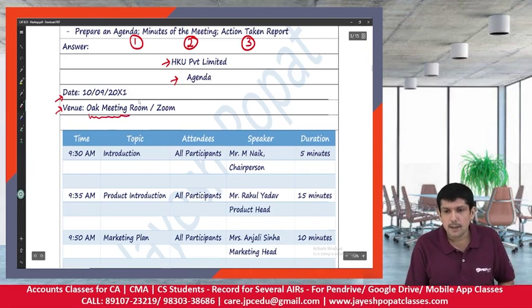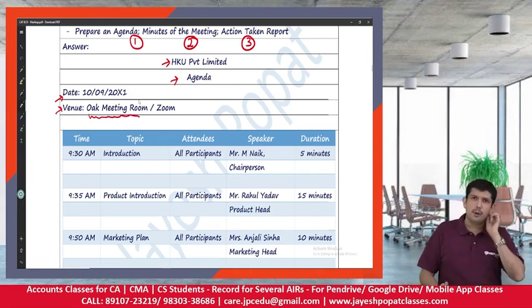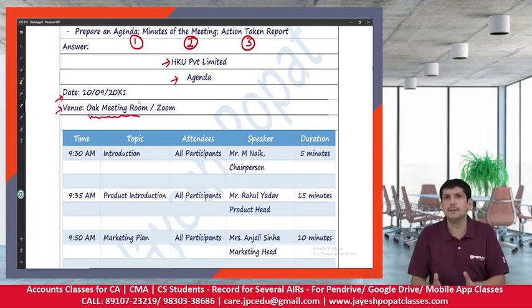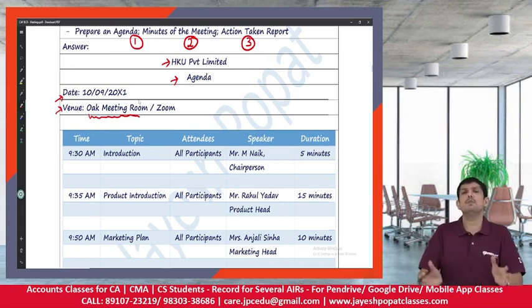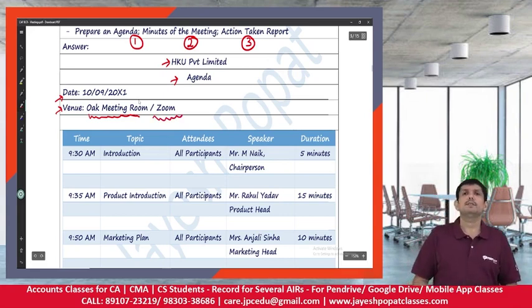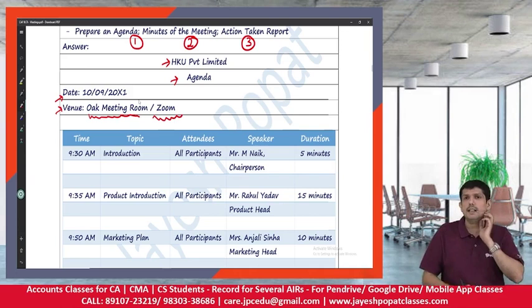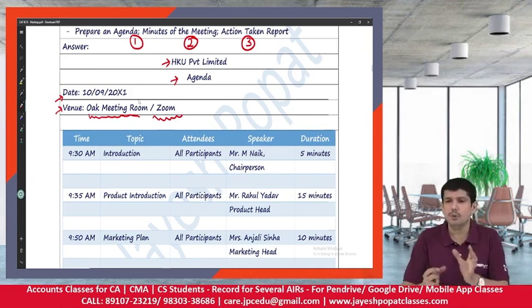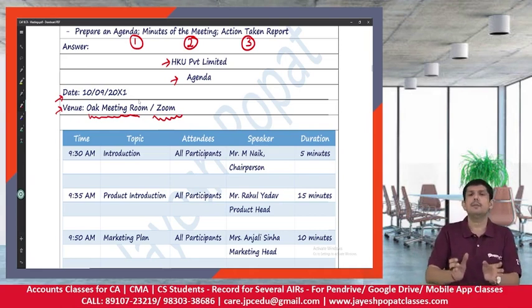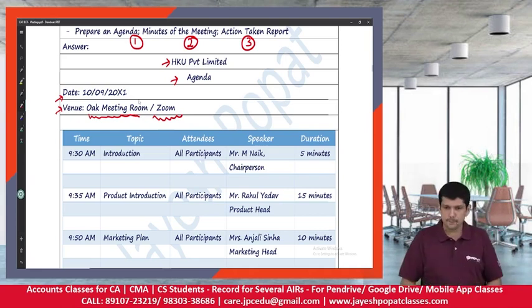Maybe in the COVID scenario, there's a lockdown and the office is not operating, so you don't do it at one place; there will be different participants joining from their homes or different locations. So you could also say Zoom. There are some participants who are joining through the Zoom meeting as well. You could write both of these, or you could write either. You could either say Oak Meeting Room, or maybe you could say through Zoom meeting.